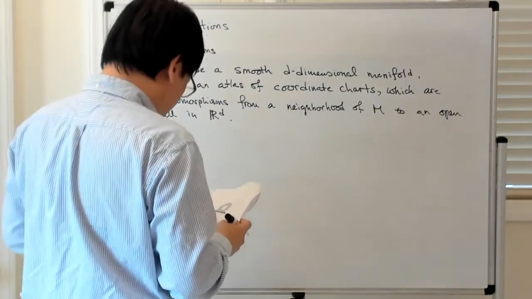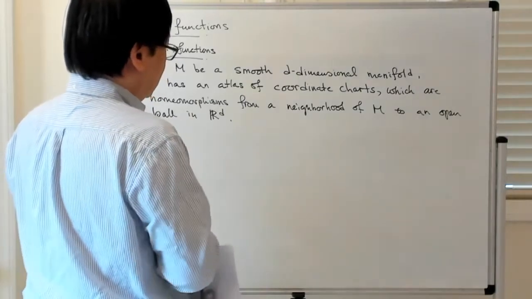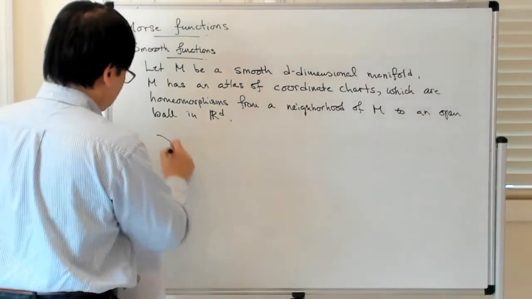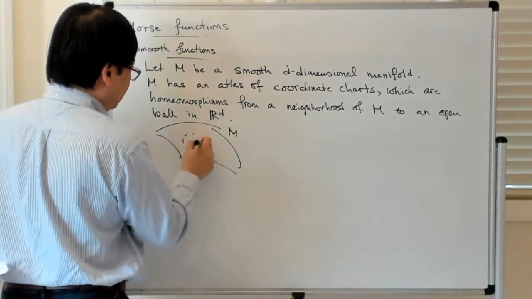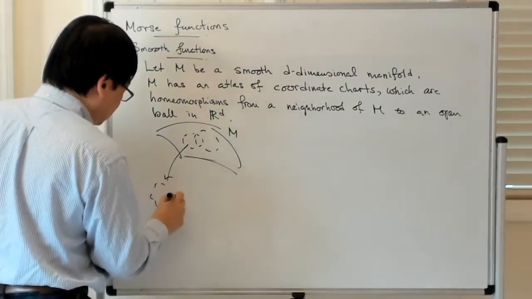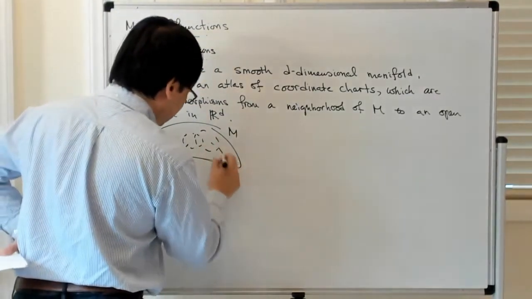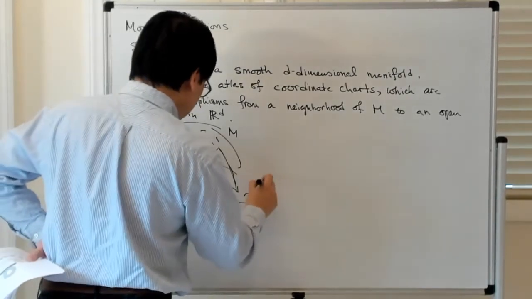And then technically what one means when we talk about smooth manifolds is what is called the change of coordinates map. So you have a manifold M, and say two coordinate patches, one of which maps to an open ball in R^d, and another one maps to another open ball in R^d.